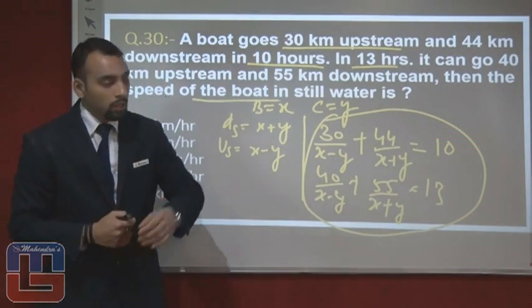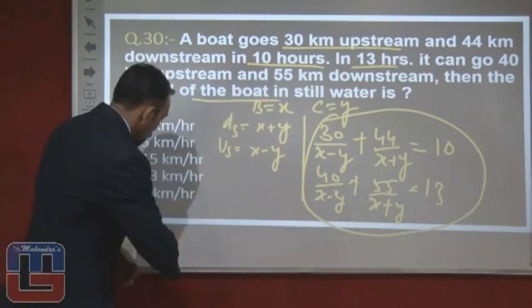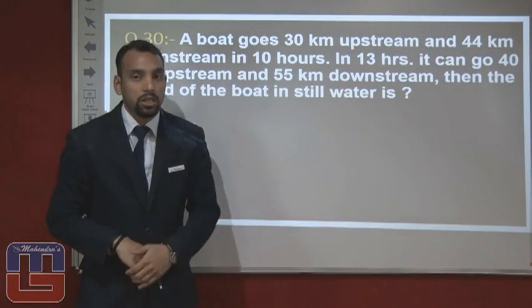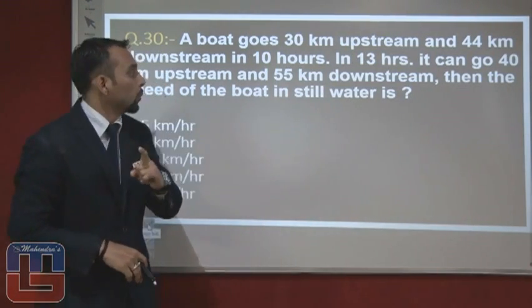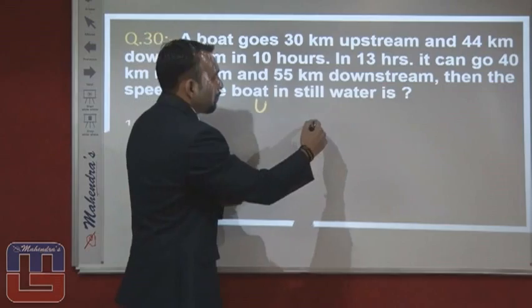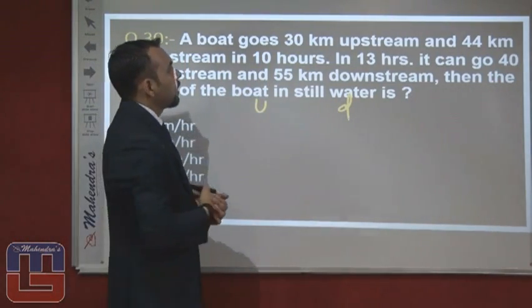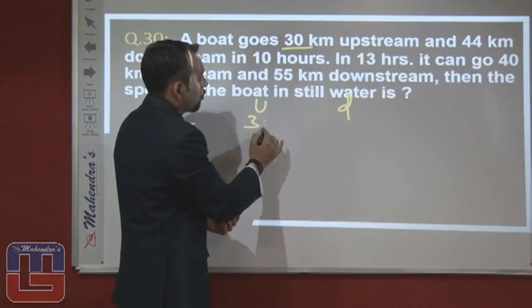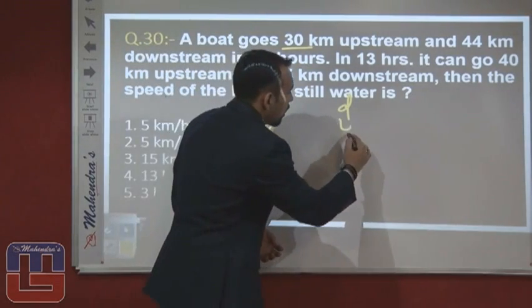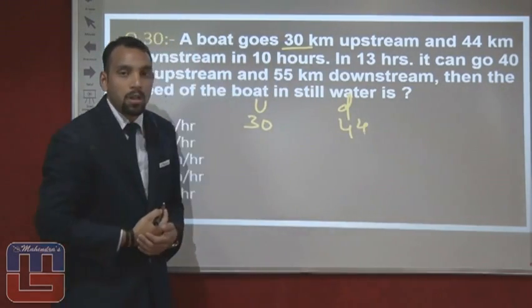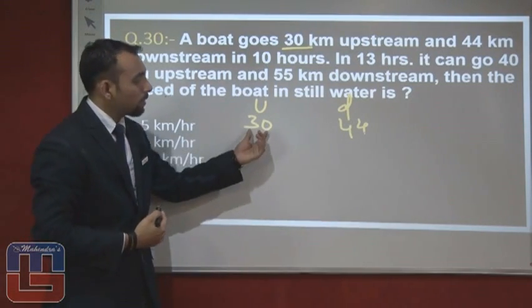But if you solve this question by this method, it will take a long time. So how will we solve it? Now see the quicker approach, or you can say the trick. In upstream, how much? 30. In downstream, how much? 44. In upstream, the boat is traveling 30 km.